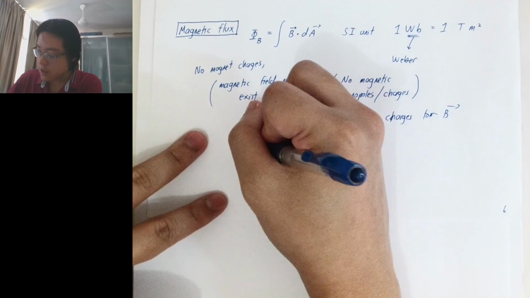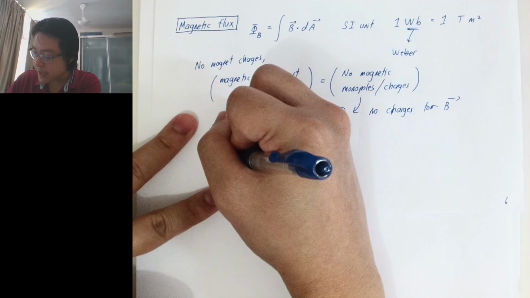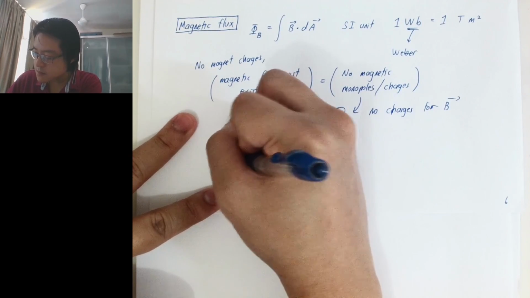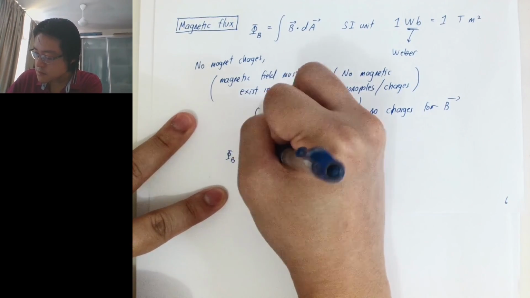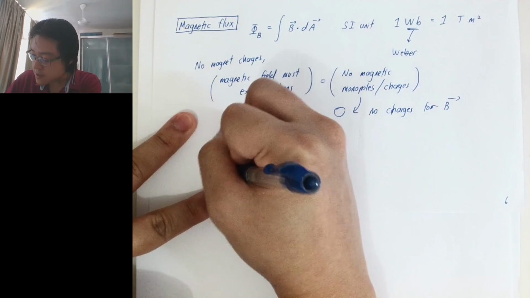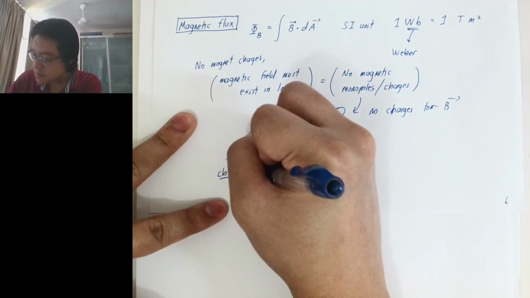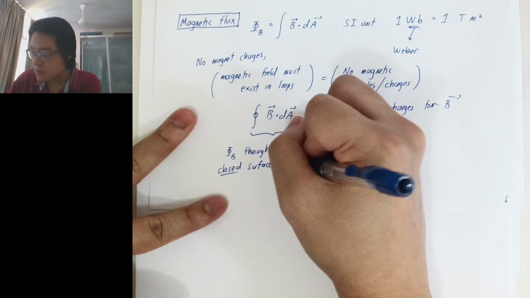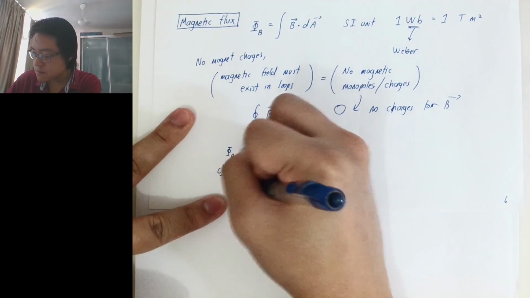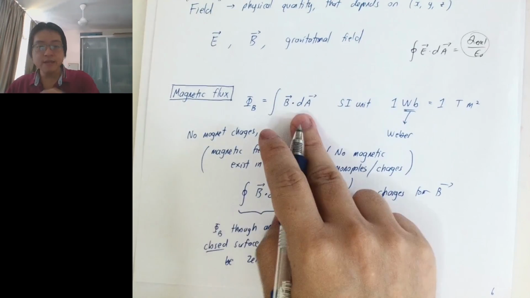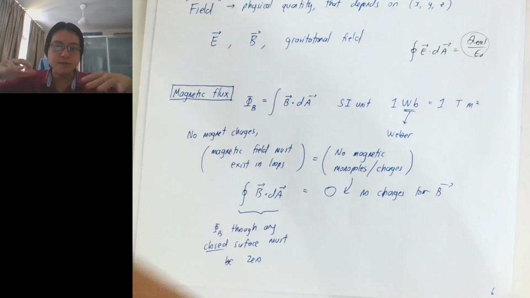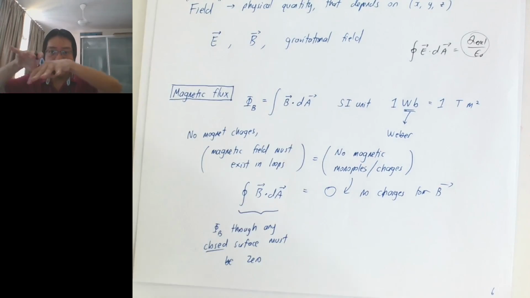So the consequence from here is that the magnetic flux through any closed surface must be 0. If it's not a closed surface, fine, it has some value. But if I do it for an entire closed surface, it must be 0.